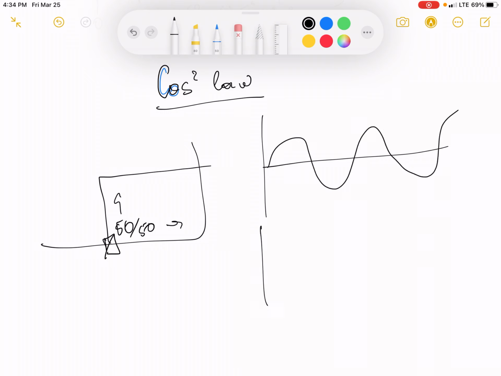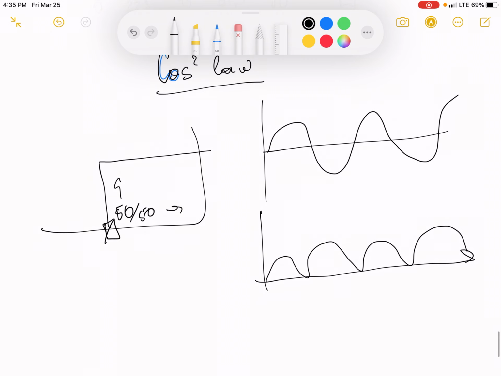What we want is the probability of something being somewhere, and in order to do that, we need to square the wave function. And here's where the hidden trick comes.